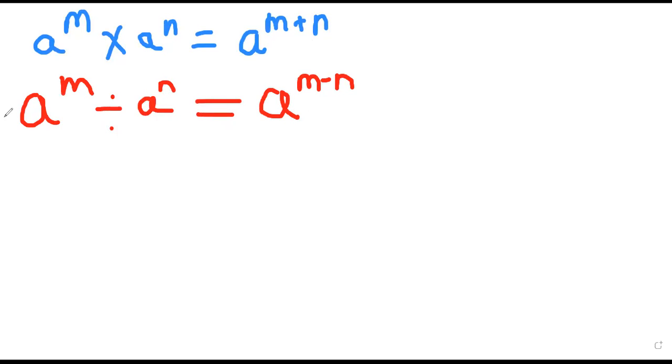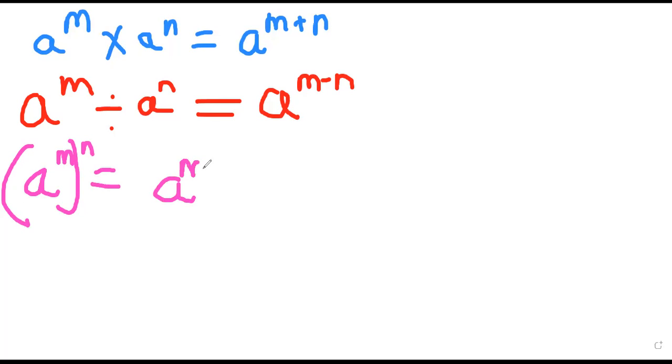Now note this down. Next is a to the power m, the whole raised to power n. Here what we do is a to the power m into n, which is equal to a to the power mn.